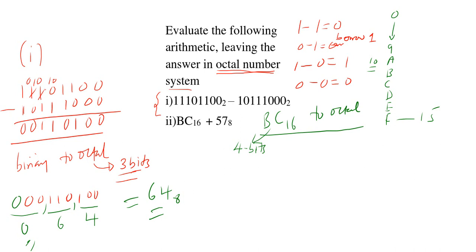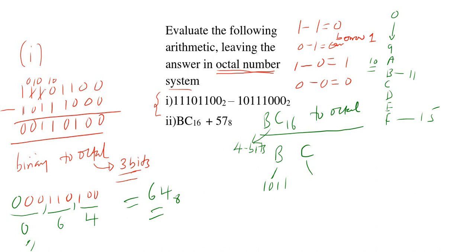So in this case, what we do to convert base 16 to binary, every digit we write it in 4 bits. So B is equivalent to 11, and 11 is normally 1011.